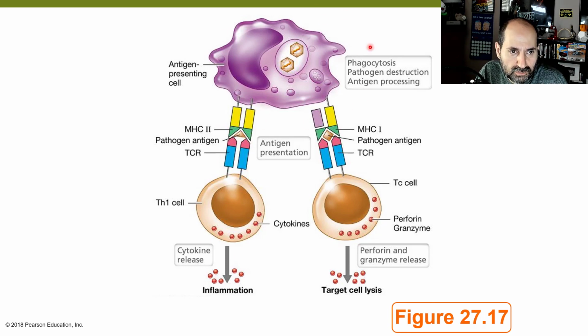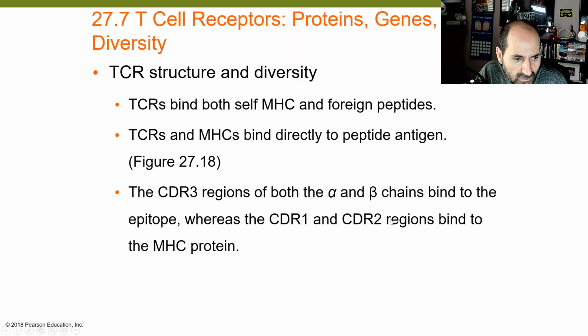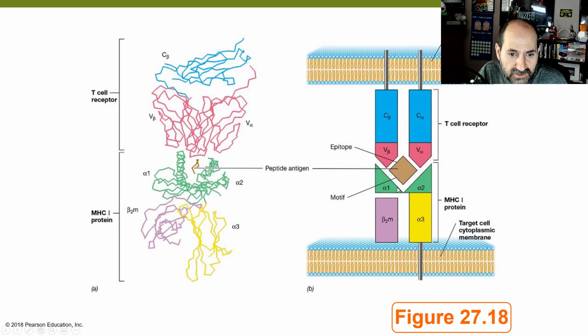They will present endogenous antigen on MHC1 to cytotoxic T cells, which can then go do their job and kill the cell. You should know that the T cell receptor recognizes not just antigen, but MHC1 as well.